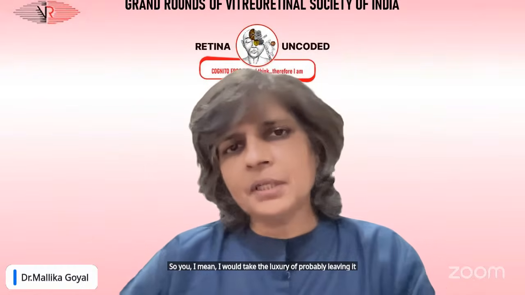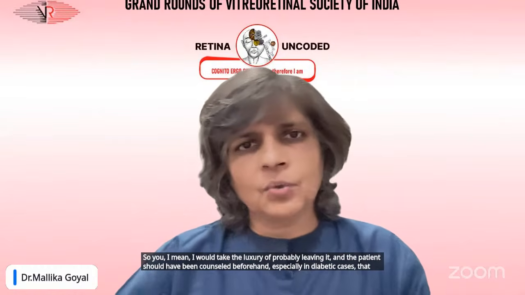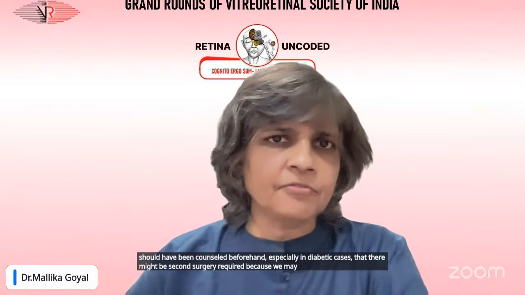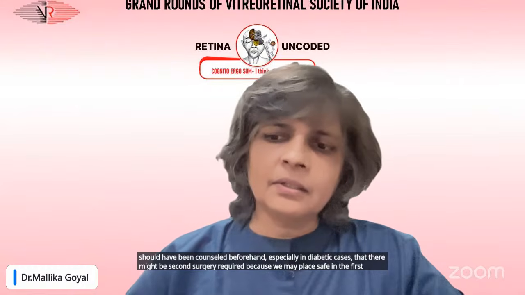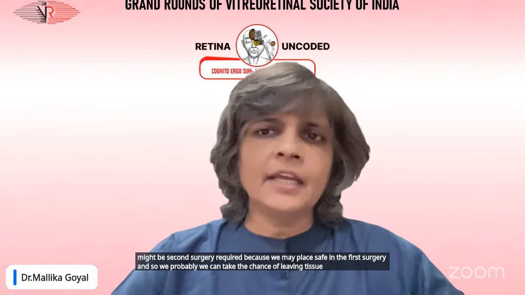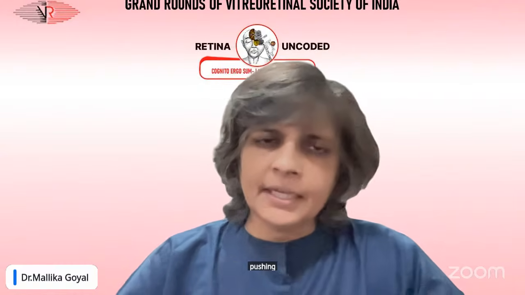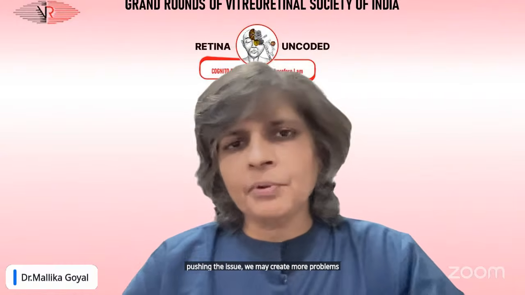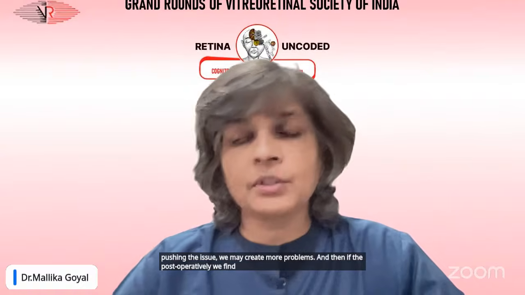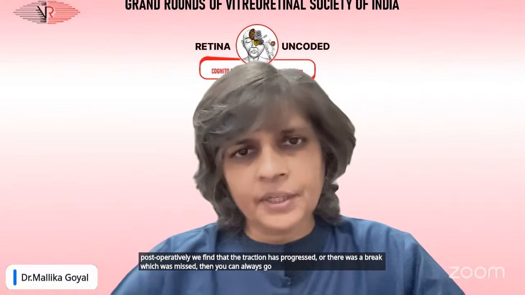The patient should have been counseled beforehand, especially in diabetic cases, that a second surgery might be required, because we may play safe in the first surgery. We can take the chance of leaving tissue inside if we feel that by pushing the issue we may create more problems. If post-operatively we find that the traction has progressed or there was a break which was missed, then you can always go back in, because the patient is already aware.